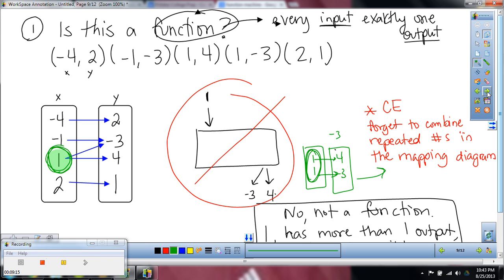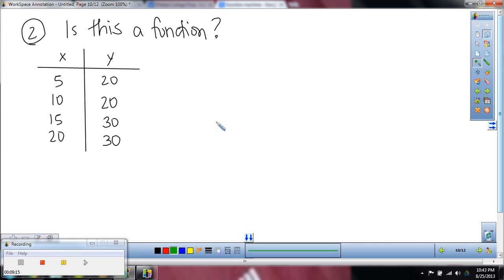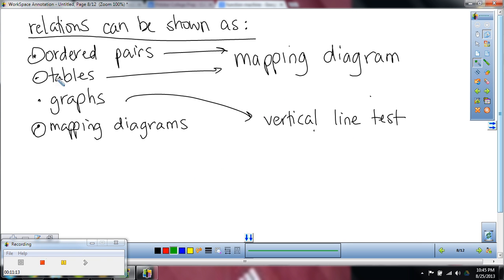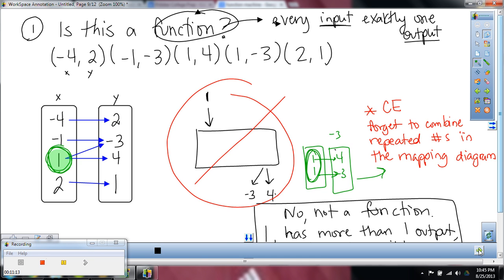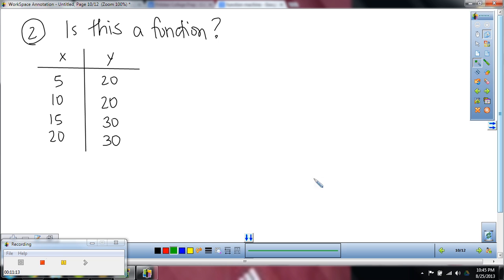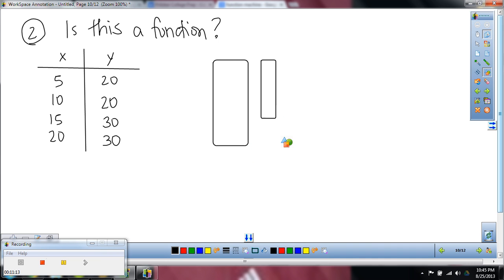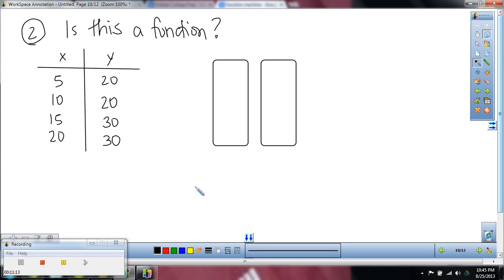Alright, let's look at another example. And here we have the question, is it a function? And we're given a table. And again, going back, we know that a table is going to use a mapping diagram to make it more obvious for us whether it is in fact a function or not. So once again, we go to drawing our input and output boxes, and we write our values in, again checking for those repeated values because we don't want to make that mistake.